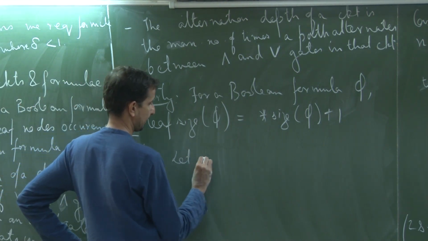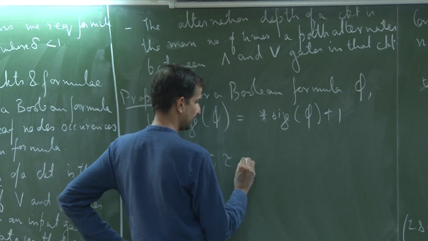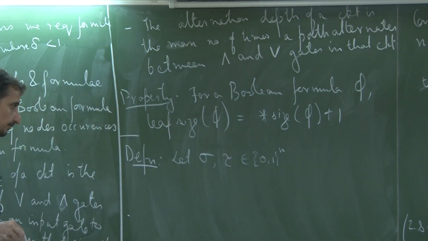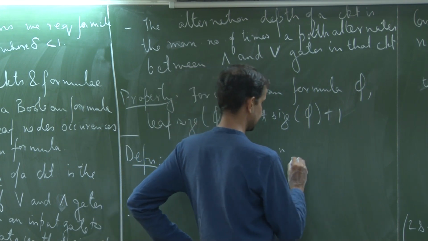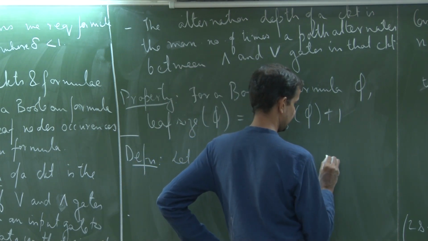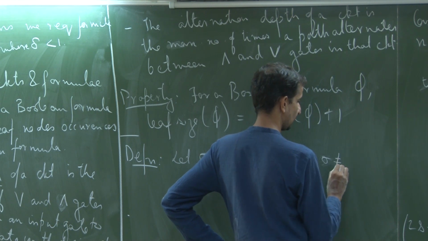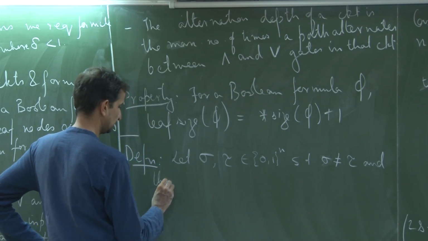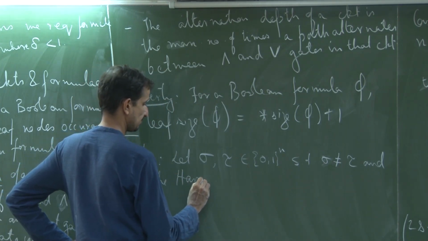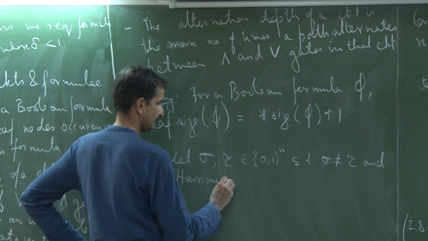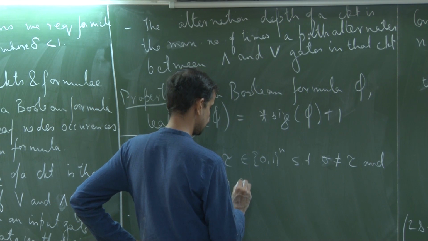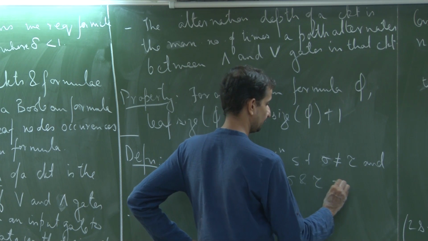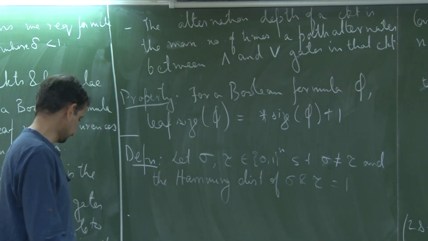Let sigma and tau be two strings of length n, such that sigma is not equal to tau and the Hamming distance of sigma and tau is equal to 1.